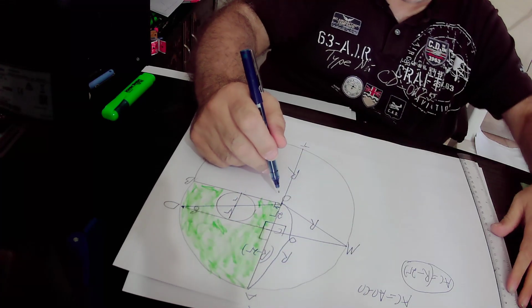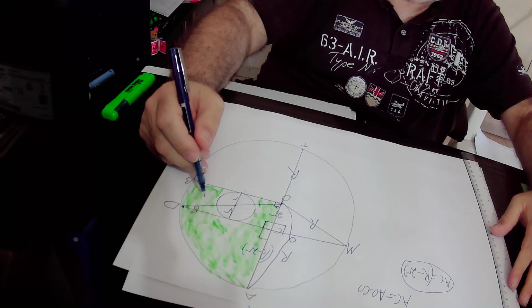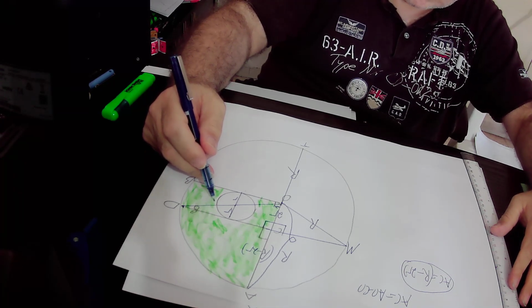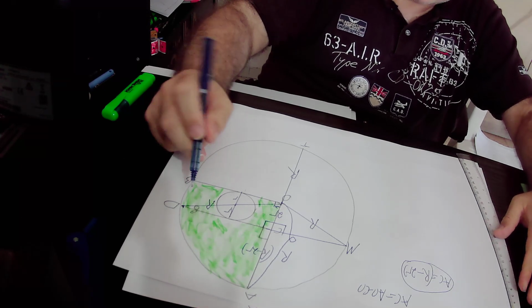Point O is the center of the big circle, point D is a point on the big circle itself, therefore OD is the radius of the big circle that is also equal to capital R.